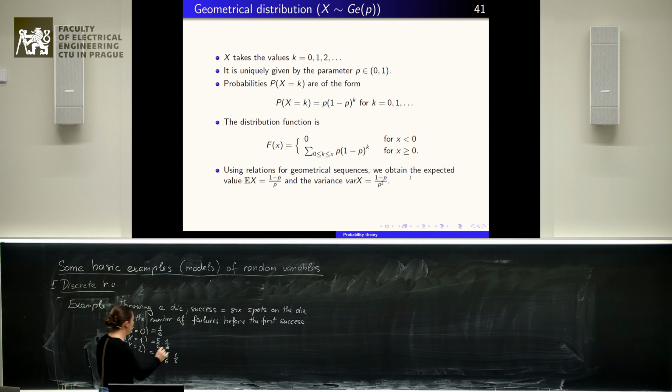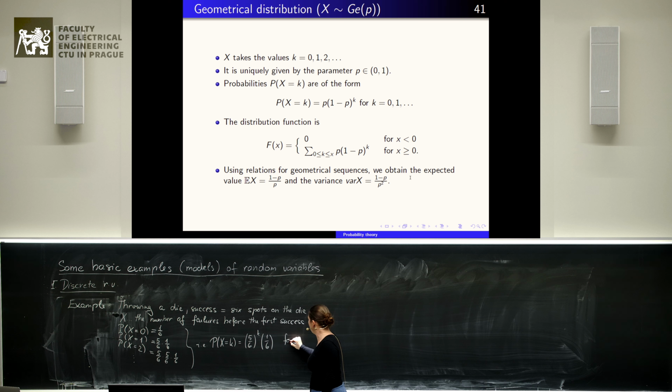So in fact, it means that the probability that there are k failures before the first success is the probability of failure to the power k times the probability of success, and this probability is distributed among the values 0, 1, 2, and so on till infinity.